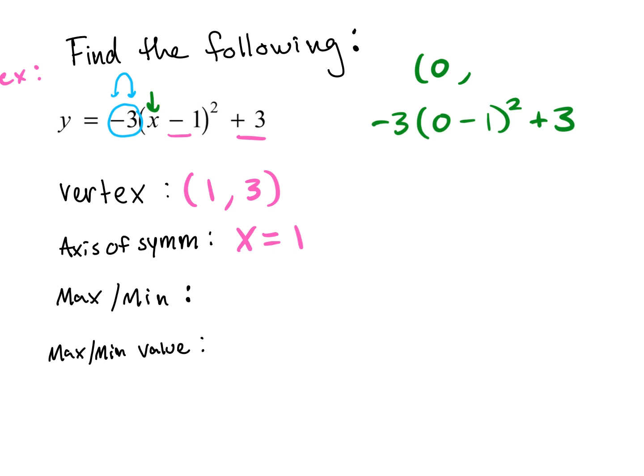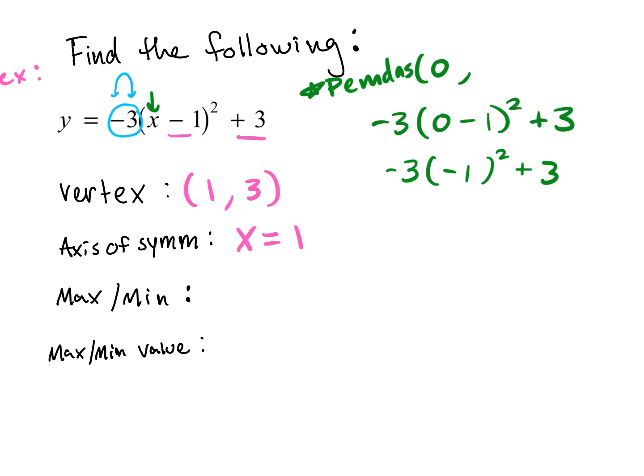So to find the second point, you want to plug in a number. When we plug in a number, make sure you follow your order of operations. PEMDAS. What does the P stand for? Parentheses. So we're going to do our parentheses first. 0 minus 1 is? -1. Thank you. What does the E stand for in PEMDAS?